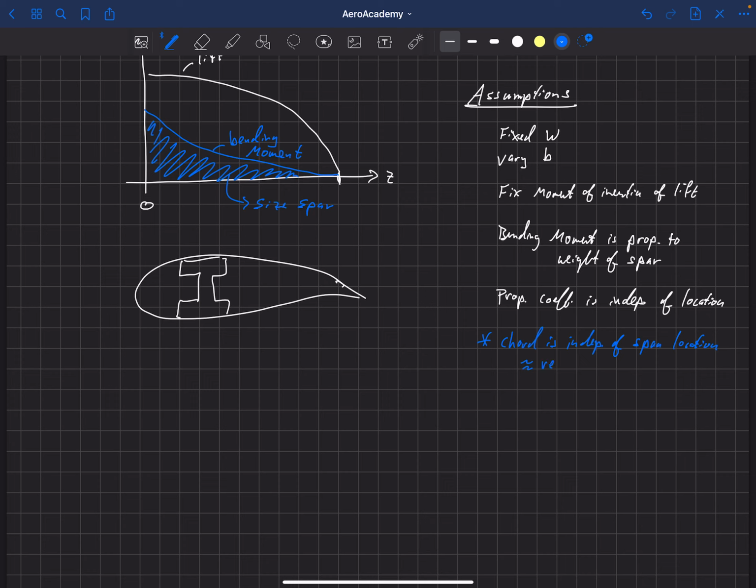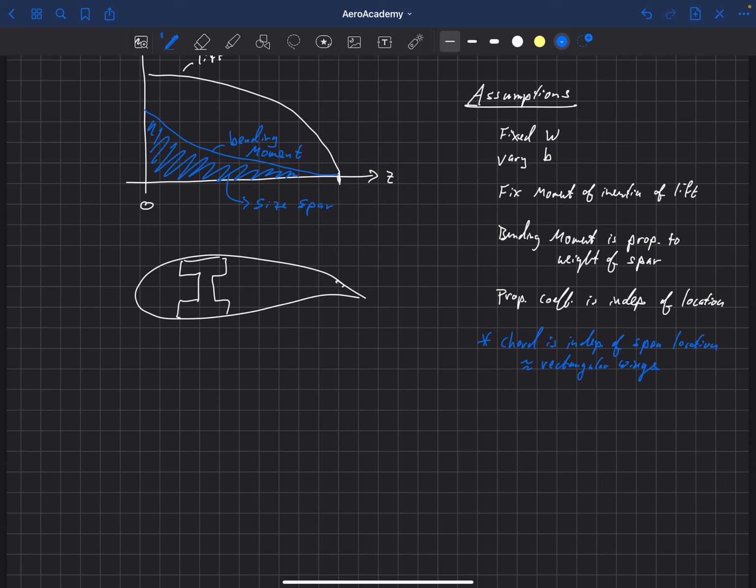Now a note on this, I actually have done some research on this particular question with one of my students, Jeff Taylor, and he looked into tapered wings and how much this solution changes with tapered wings. It turns out it actually doesn't change very much, at least for the particular questions that we were looking at.